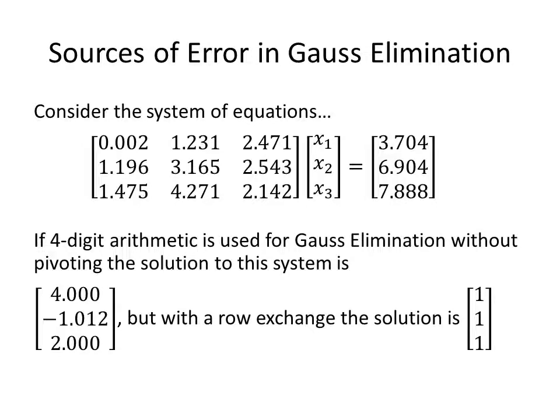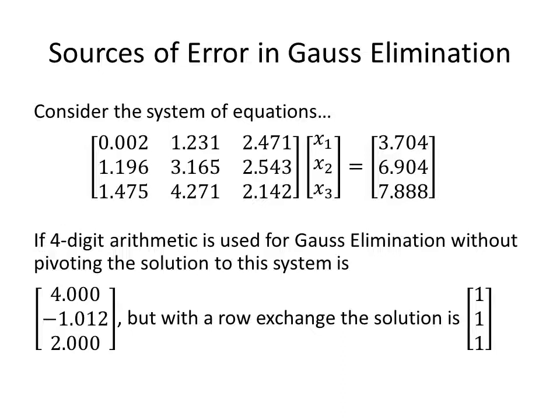Sticking with the issue of error in Gaussian elimination, consider the system of equations shown here. If you recognize that all mathematical operations in a computer have limited precision, if we just arbitrarily choose 4-digit arithmetic in Gaussian elimination without pivoting with that set of equations shown there, you'd get the end result of 4, minus 1.012, and 2.